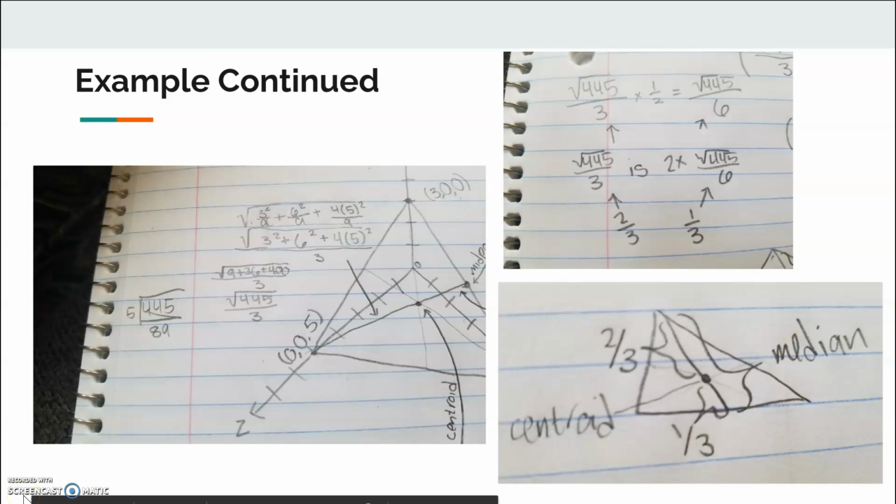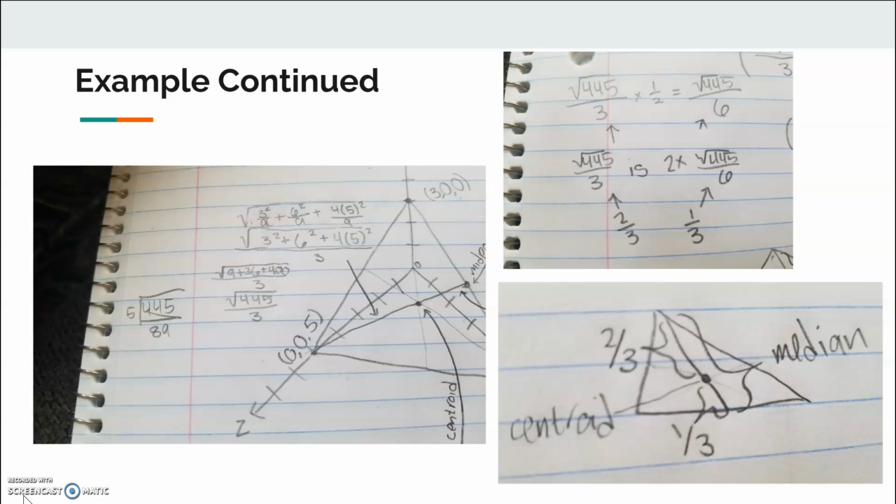When looking at the numbers, the square root of 445 over 3 and the square root of 445 over 6, you may notice that if you were to multiply the square root of 445 over 3 by 1/2, you would get the square root of 445 over 6.